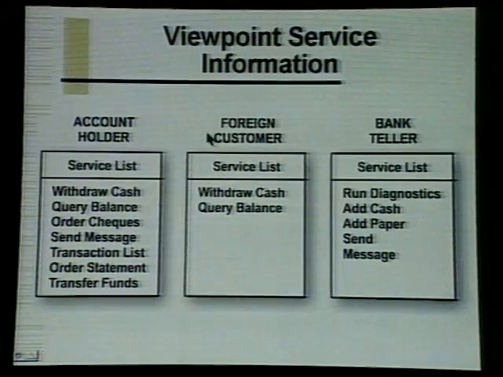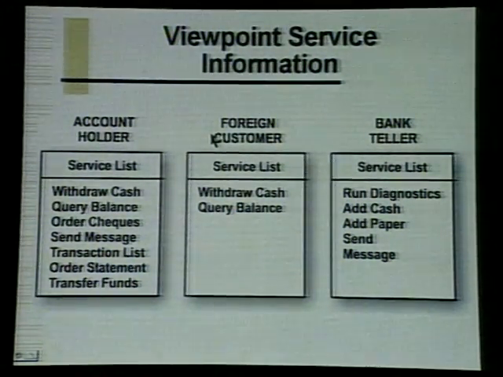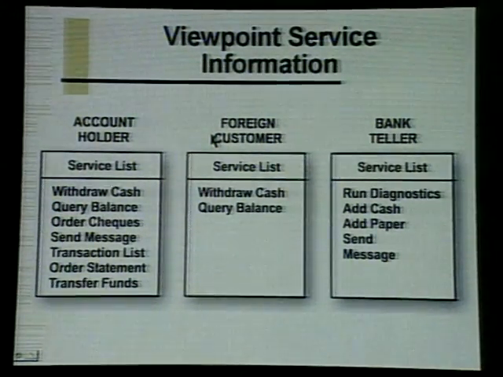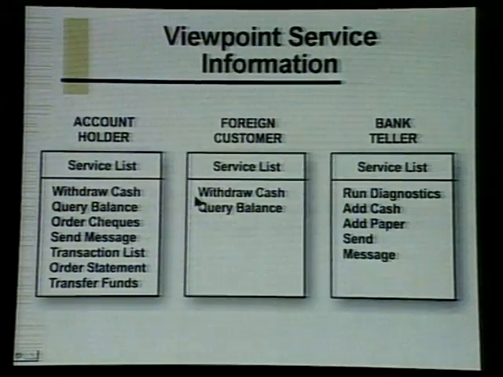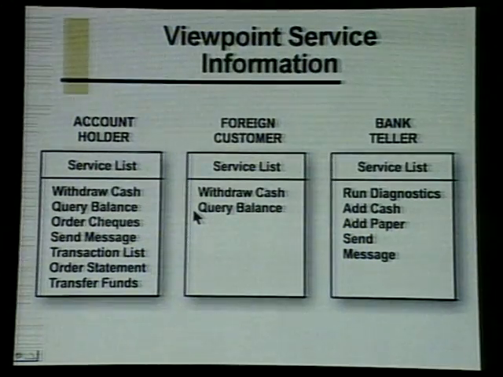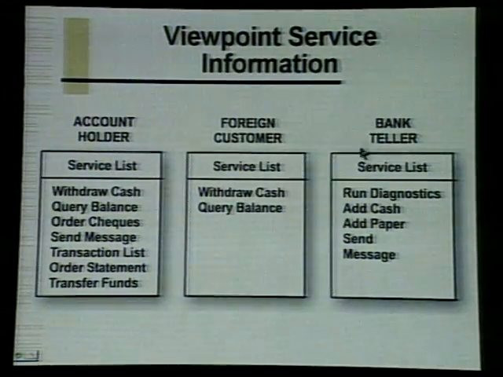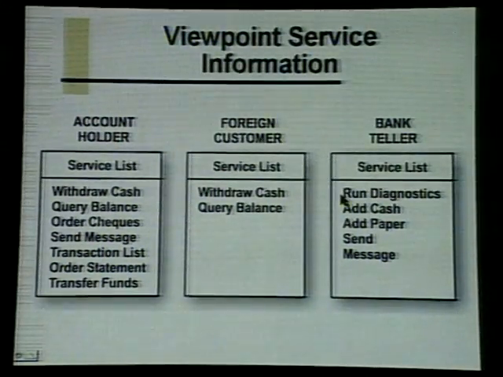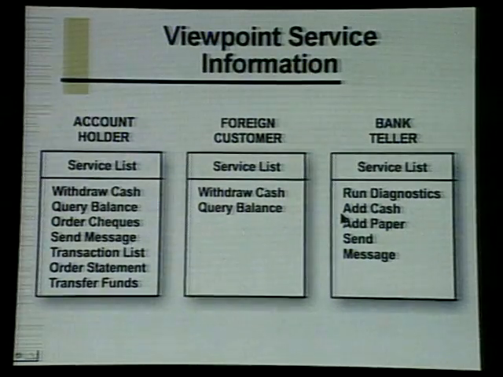Another viewpoint is the foreign customer. That means those people who are not account holders of that bank, but who can use the ATM machine of that bank. What services can they use? They can only withdraw cash and query their balance. The bank tellers, what services do they need? They run the diagnostics. If there is some problem with the ATM machine, they have to add cash, add paper, they can send a message and other things.